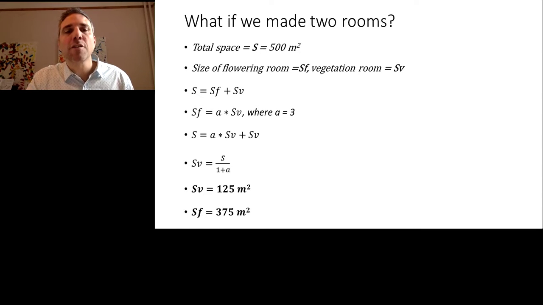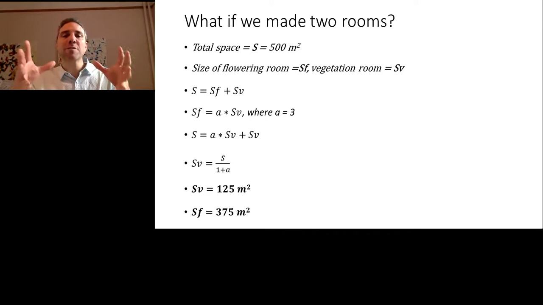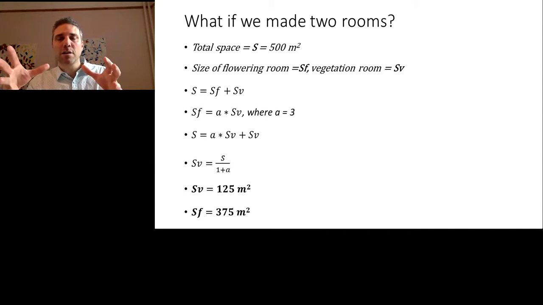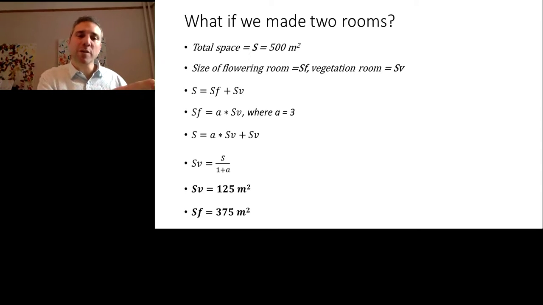So that space, 500 meters squared, is going to be separated between 2 rooms, a flowering room and a vegetation room. The flowering room has to be larger than the vegetation room. We don't want to waste any space, so we're going to use the minimum amount of space we need for vegetation and grow those smaller plants. Then we're going to move them into another room where they're going to grow larger. Again, we want to use the minimum amount of space we need to grow the flowering plants while using the entire space we have.